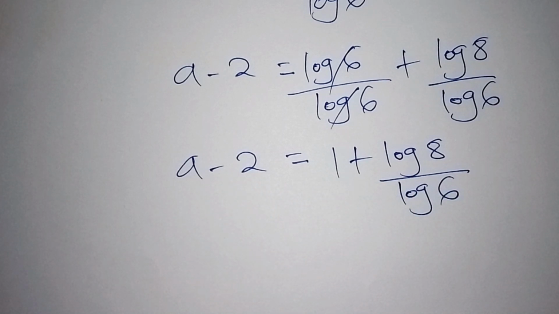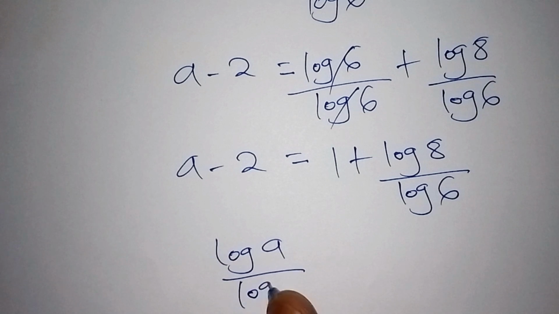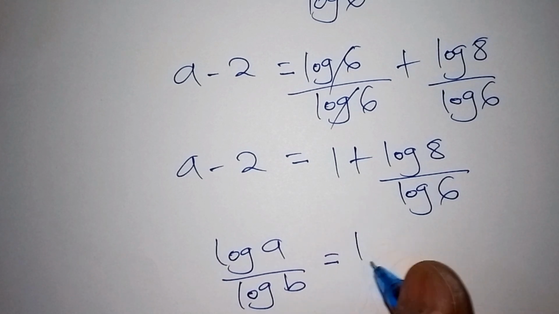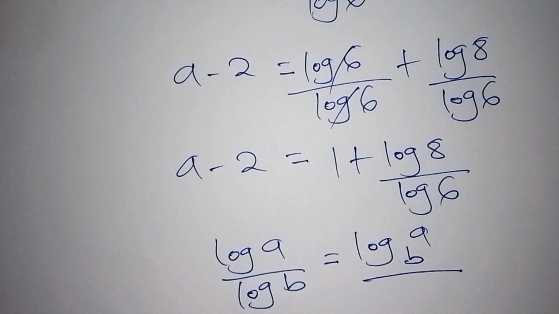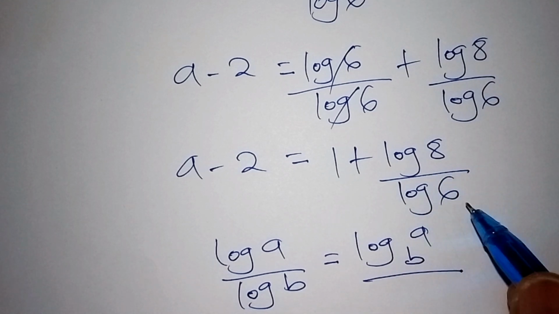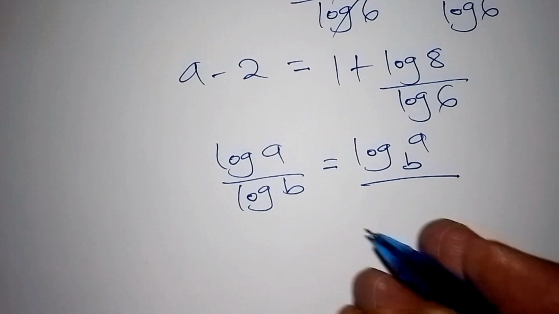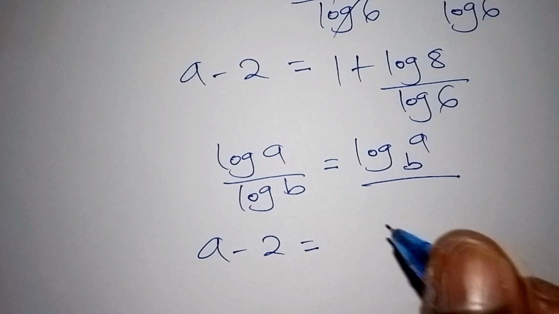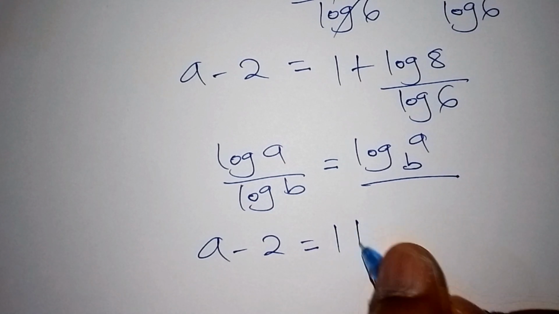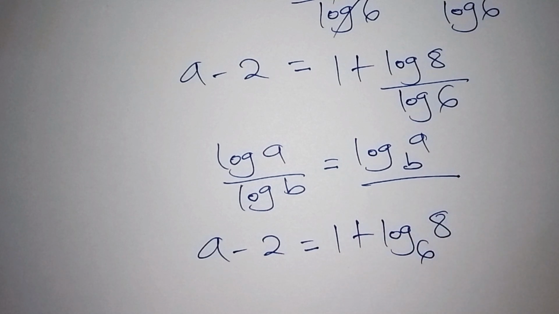Before that, we know that the log of a all over the log of b can be written as the log of a to the base of b. So we express the log of 8 over the log of 6 in that form. Now a minus 2 is equal to 1 plus the log of 8 to the base of 6.